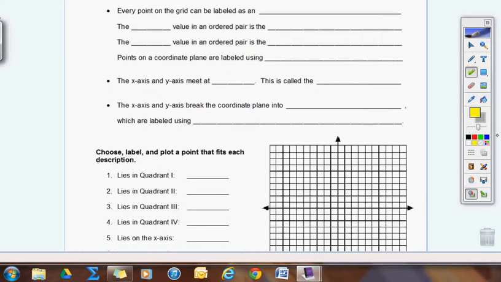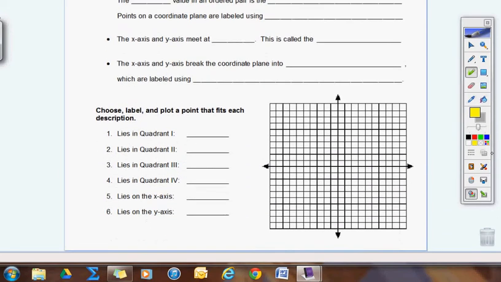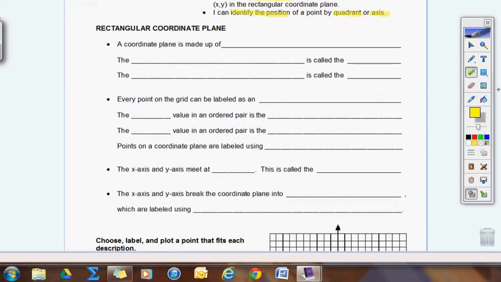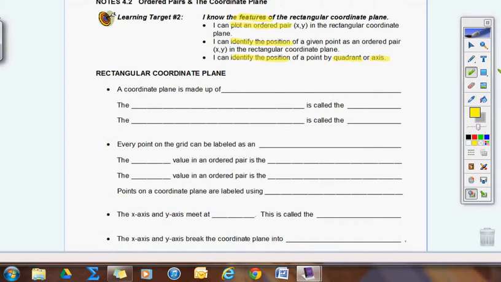Down below we've got an example of the rectangular coordinate plane, which I'm sure that you've seen before. A coordinate plane is made up of two perpendicular number lines. This is a pretty fancy word that we're using here, perpendicular. You might have heard that in some other classes before.